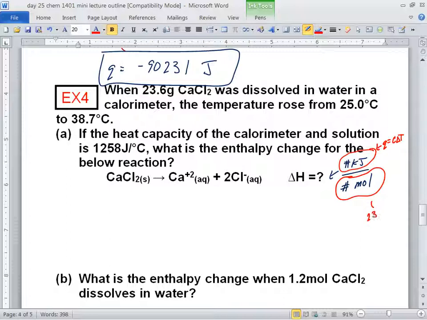Well, you got to get it in the right units, though. Just convert it into moles. And then divide the two, and you'll have your enthalpy.